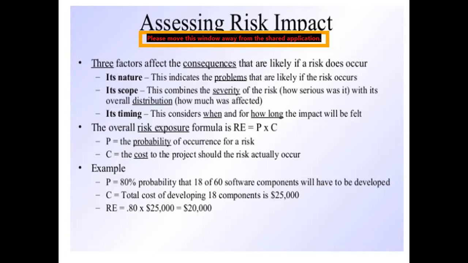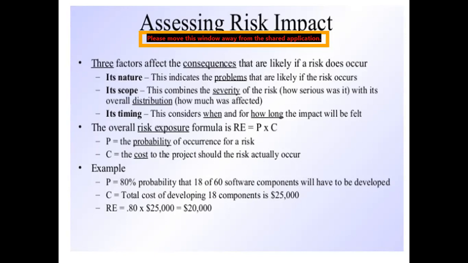There is one formula to calculate the risk exposure. RE is the overall risk exposure. The formula is RE equals P times C. P is the probability of occurrence for a risk.